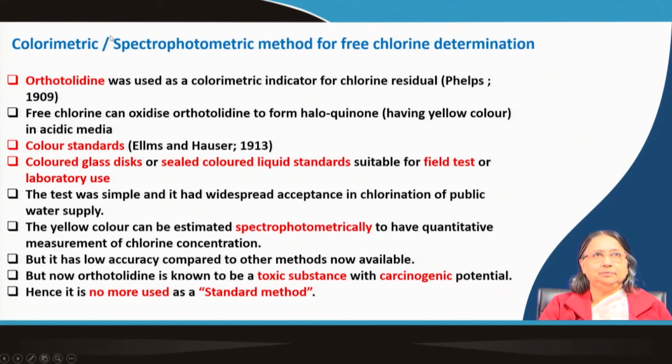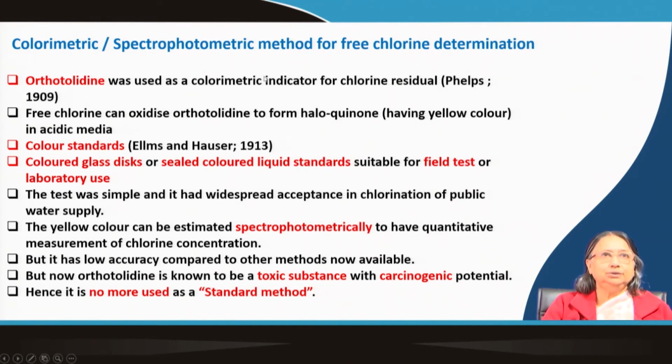Spectrophotometer means you have to prepare a standard curve, and with the sample also you have to develop the color and then measure the absorbance value and put it in the calibration curve, then get the concentration. It is a finer method and more accurate.